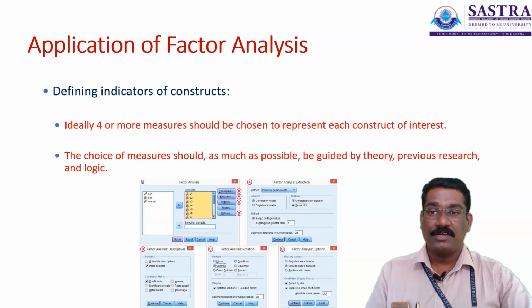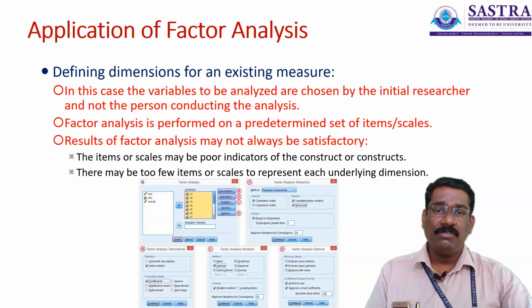and we try to connect logic among these dimensions, variables, and the construct. And when defining the dimensions for an existing measure, in this case, the variables to be analyzed are chosen by the initial researcher, through the process of review of the past literature, and we try to pick up the variables by synthesizing the literature and justifying why we picked them up with proper citations, and not the person conducting the analysis.